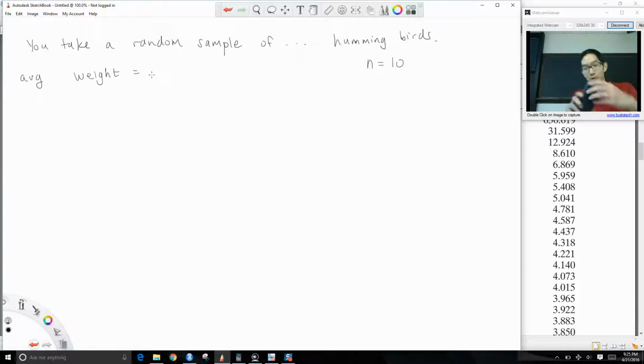I'm going to ask Google, what is the average weight of a hummingbird? It says a hummingbird has a weight of 0.056 to 0.071 ounces. I have no idea what that means.